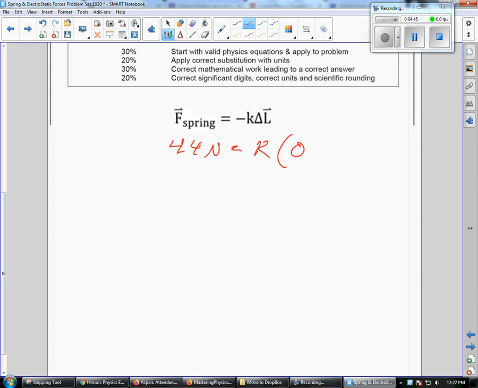And 0.15 meters. Yay! Done. Wait, is that K or negative K? Just K. Remember, because I just said that the negative only shows that the force and the displacement, the stretch, are in opposite directions.